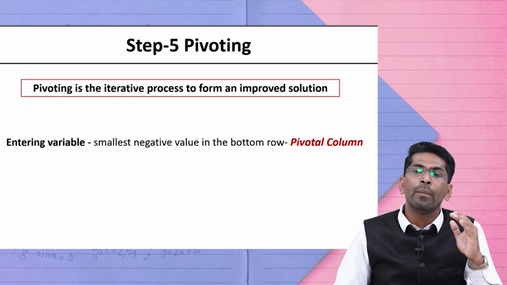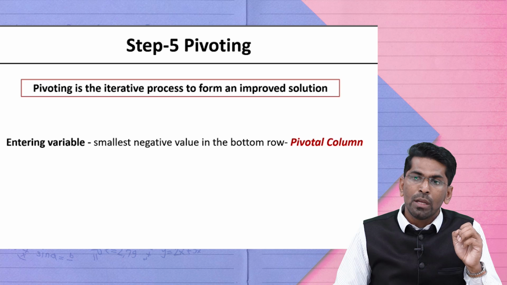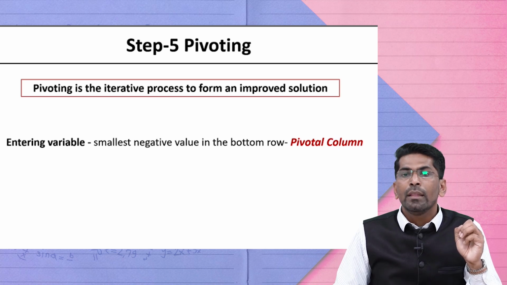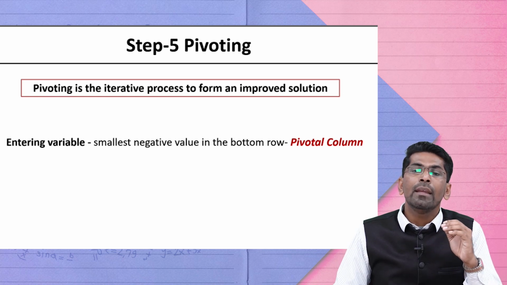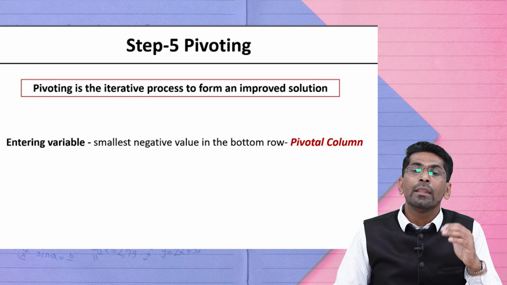So in the given table, we want to identify the smallest negative value. By picking the smallest negative value in the bottom row, that column is marked as the pivot column. Then to find the departing variable, we divide the B column, the constant column of the linear constraints, by the pivot column.